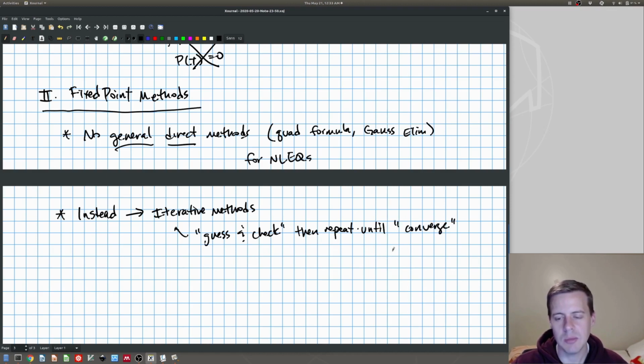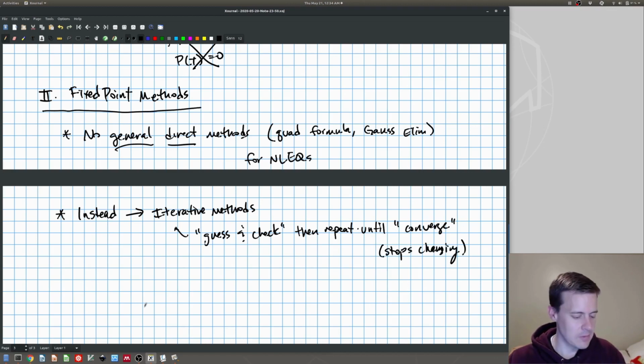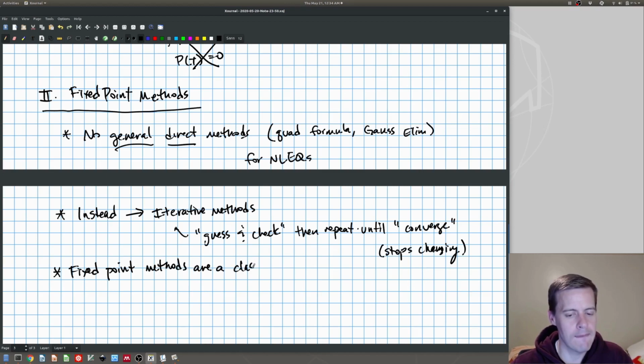By converge we mean it stops changing, and we get to the right answer. One class of iterative methods are called fixed point methods. Fixed point methods are a class of iterative methods.